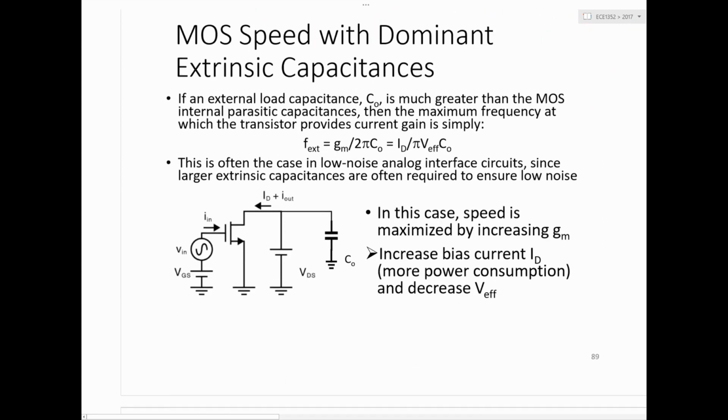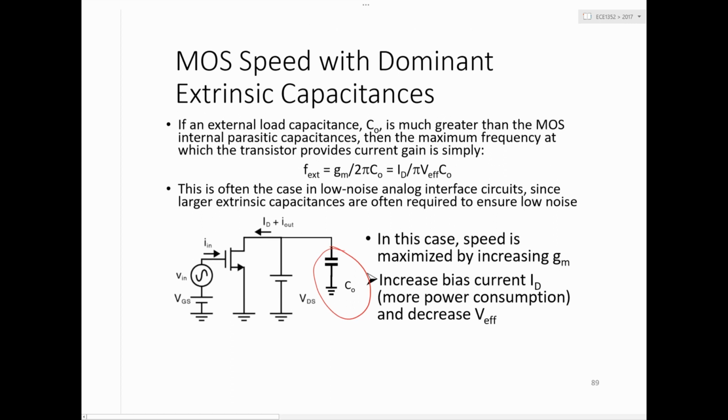But if we're in a situation where the transistor is driving a capacitive load, CO, that is actually way bigger than all the parasitics at the input. It's a common case. Then what happens in terms of the gain? In terms of the bandwidth?